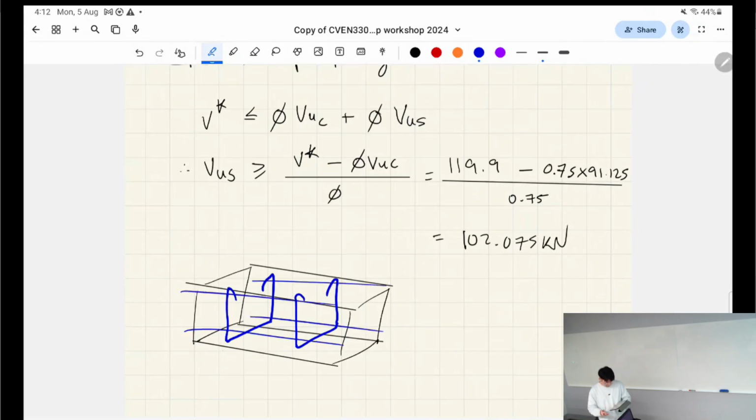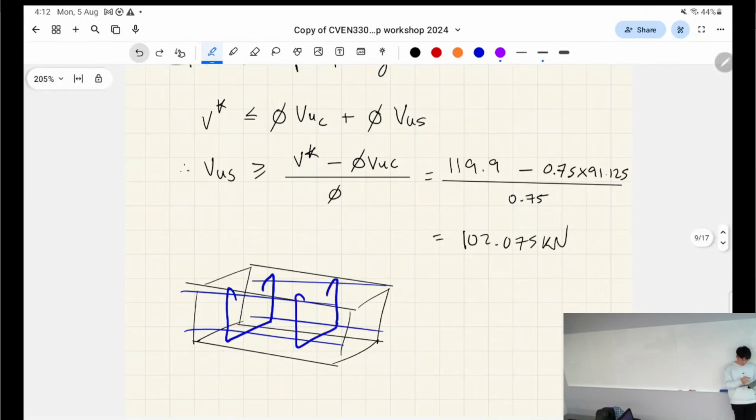What if we're looking at this cross section here that doesn't have a stirrup? Then we don't have any shear strength from the bars. What if we're looking at that exact section that our bars are on? Then we have all of a sudden quite a big jump in shear strength, right?